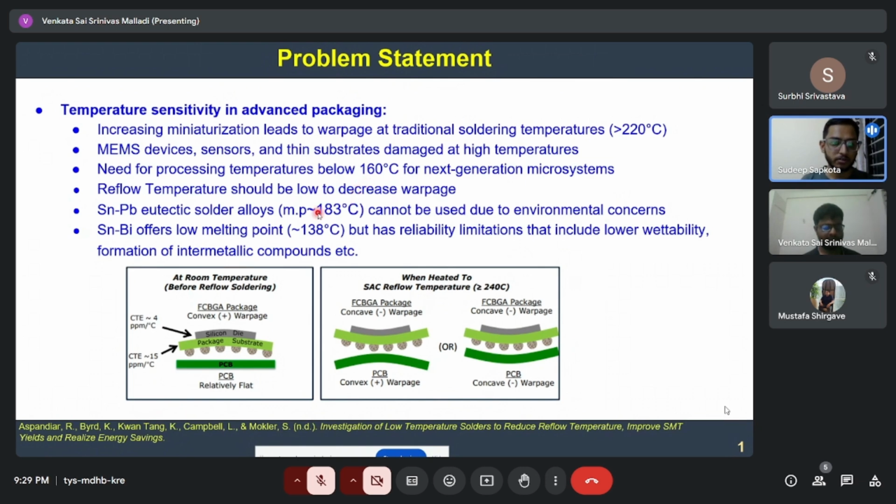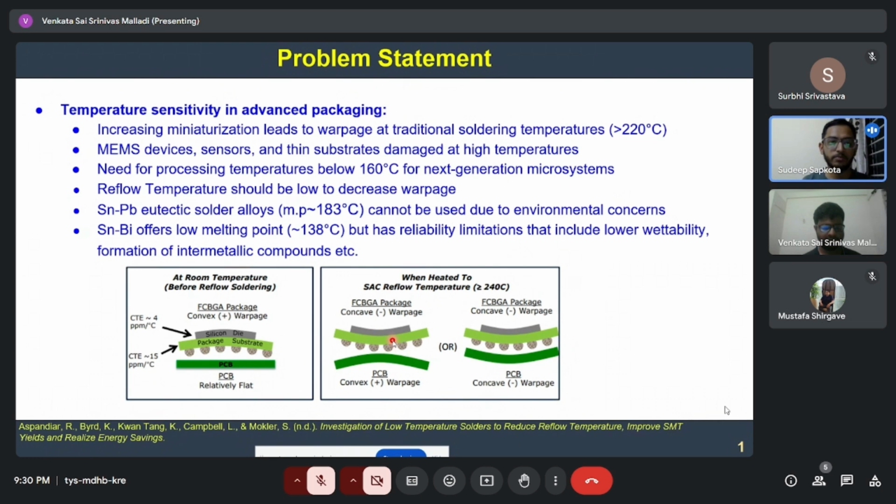One of the alloys we were previously using is SAC, a tin silver copper based alloy. But as you can see in the figure, at 240 degrees centigrade there is a lot of warpage issue.